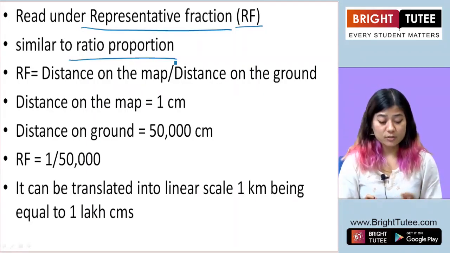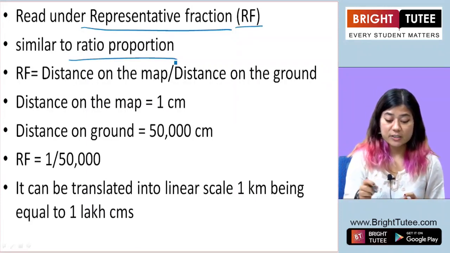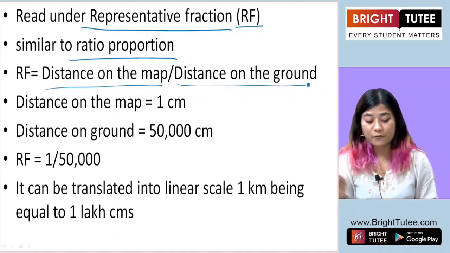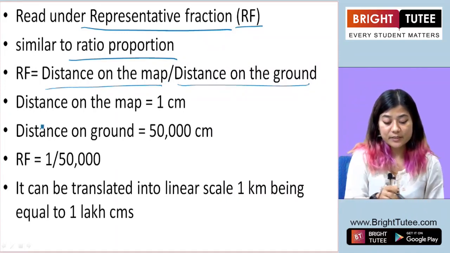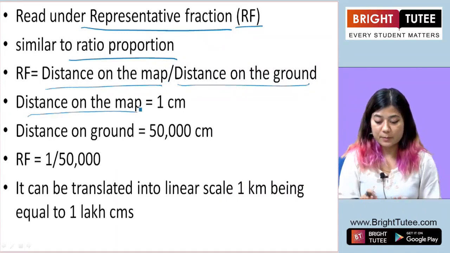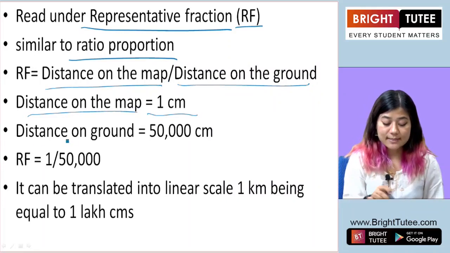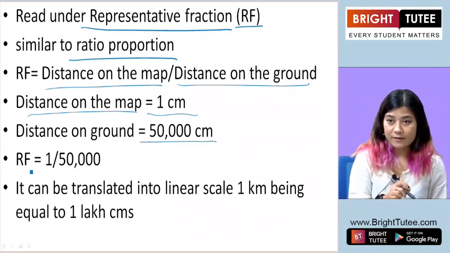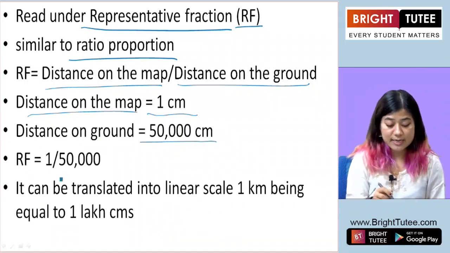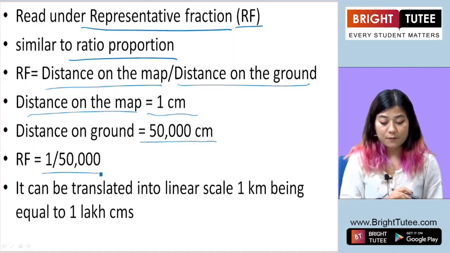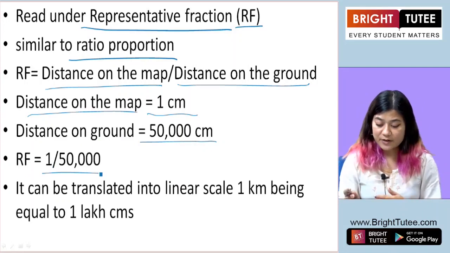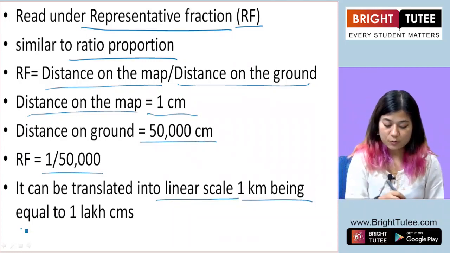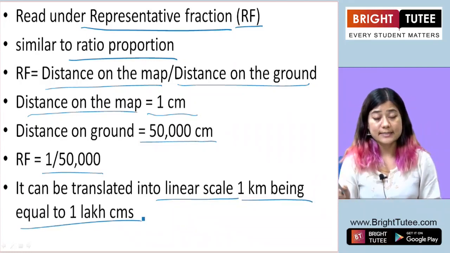Now the equation of representative fraction is distance on the map divided by distance on the ground. Say for example, the distance on the map, the piece of paper, is 1 centimeter and the distance on the ground is 50,000 centimeter. Now the RF, or the representative fraction, is 1 divided by 50,000. So it can be translated into linear scale as 1 kilometer being equal to 1 lakh centimeters.